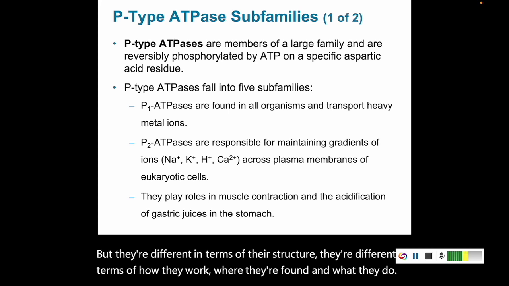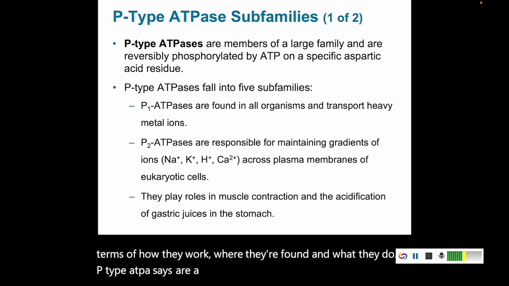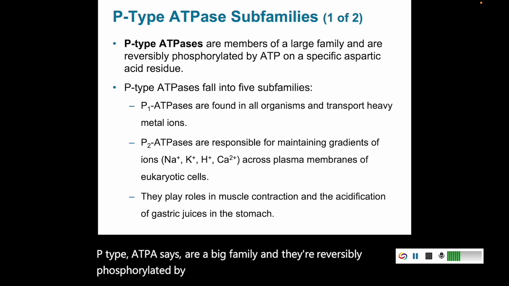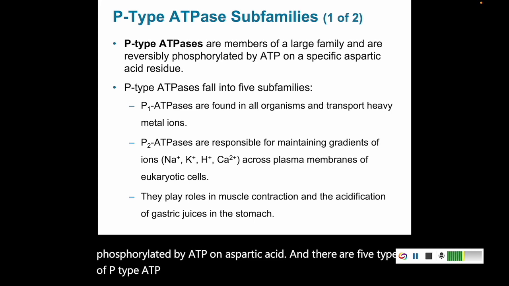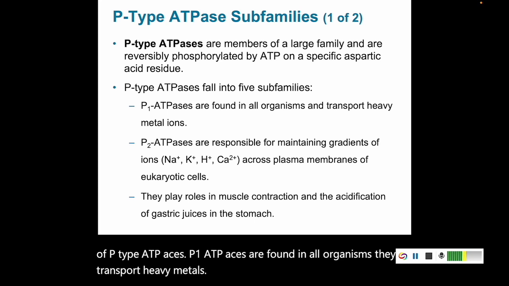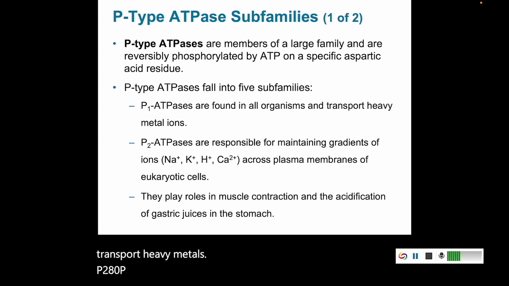P-type ATPases are a big family, and they're reversibly phosphorylated by ATP on aspartic acid. There are five types of P-type ATPases. P1 ATPases are found in all organisms. They transport heavy metals. P2 ATPases maintain gradients of ions across the plasma membranes of your cells.